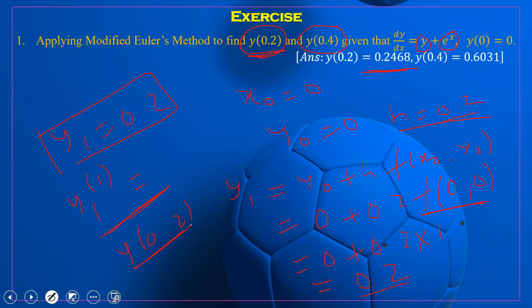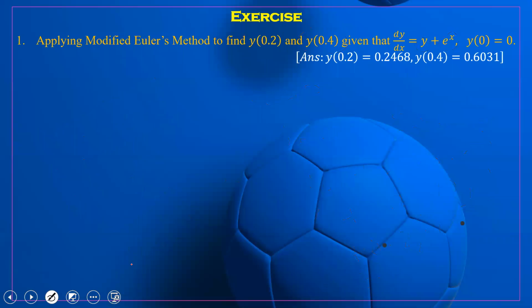Okay, so now once we have obtained y at 0.2, we again take x1 is equal to x0 plus h. So this is 0 plus 0.2, so 0.2, and the value of h is equal to 0.2. And again we calculate with the same method.